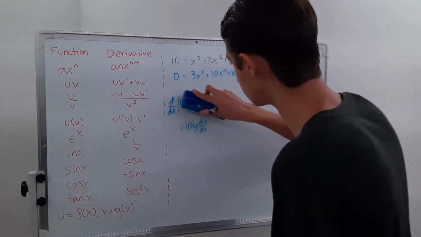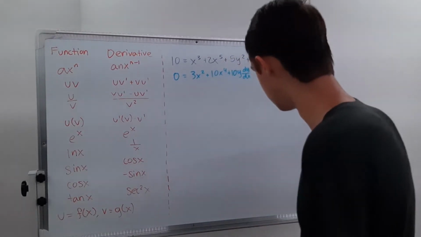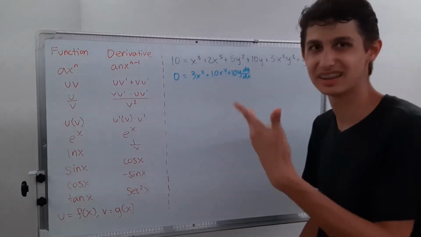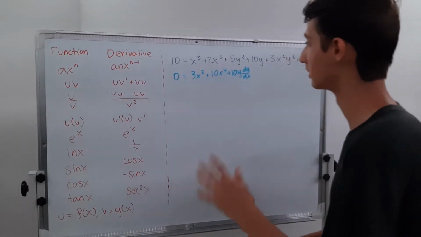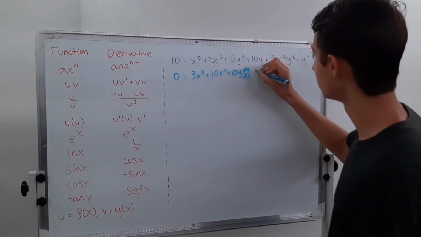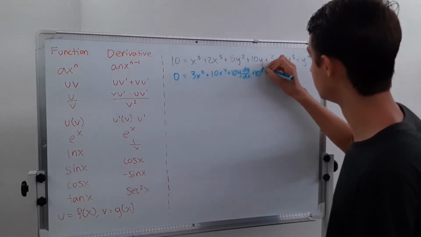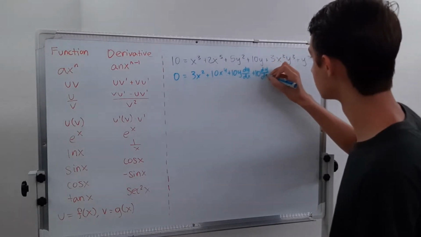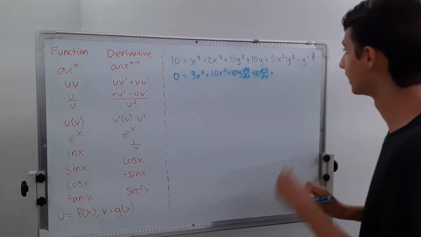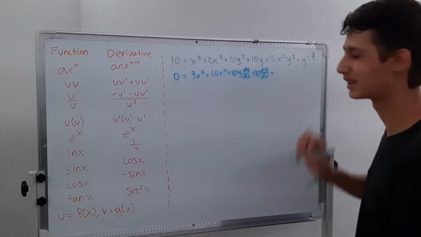You don't have to write dy dx, because that can sometimes be a lot to write and kind of weird, but I'm just going to keep it as that, okay? 10y, this becomes just simply 10, but then dy dx plus, okay, now we have the product rule because we have 3x squared and y cubed.